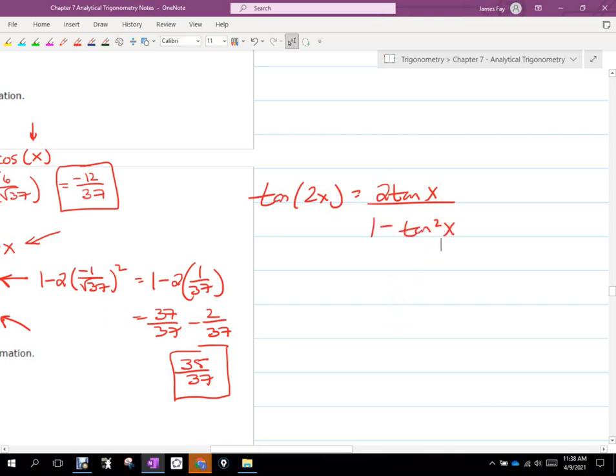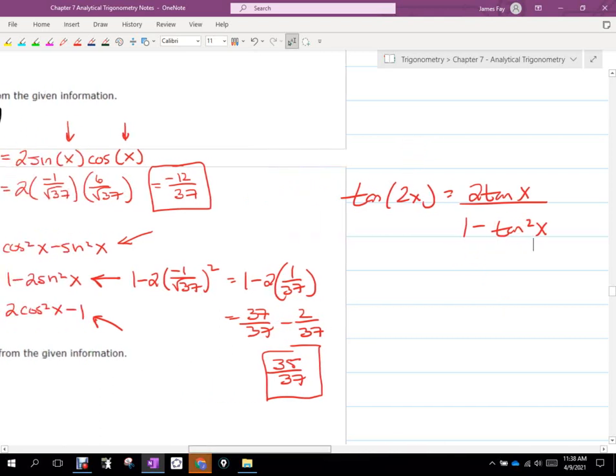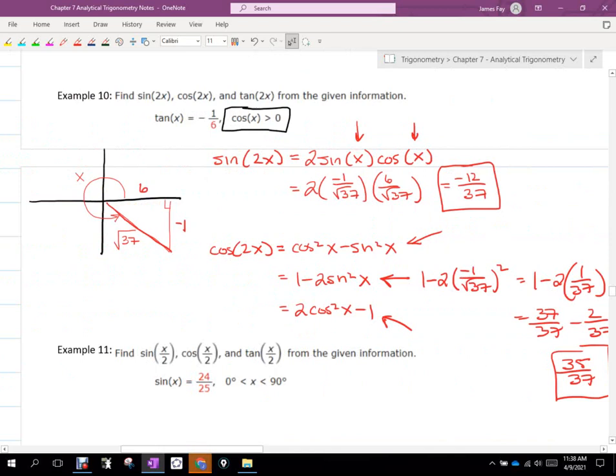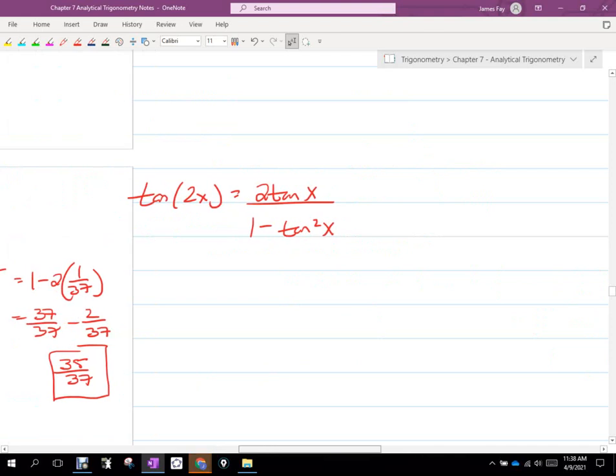Now, perhaps because of how the problem started, if they gave me tangent of x equals negative 1/6, and this was the only question being asked, find tangent of 2x, that formula makes the most sense to use, right? Because I could just say, okay, tangent of x was negative 1/6, and plug that stuff in.